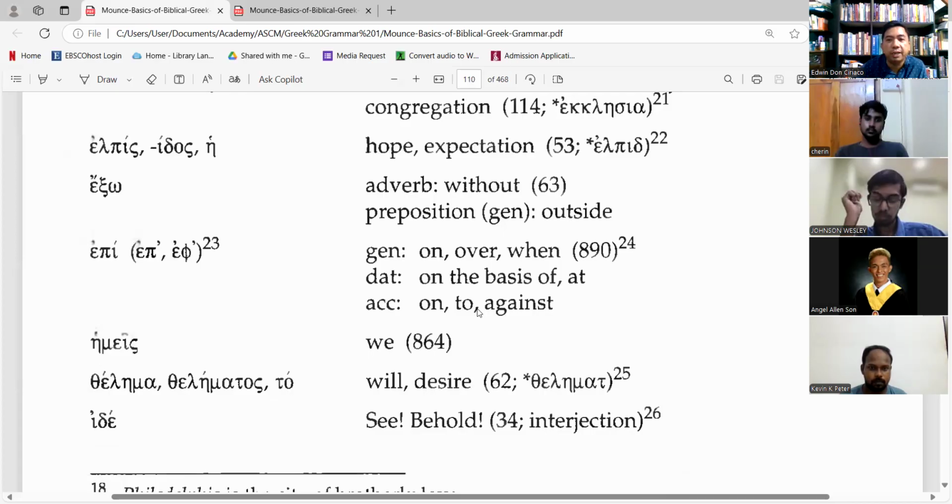We've seen this, third declension: elpis, elpidos, elpidi, elpida. And then exo, this is an adverb, and as a preposition, if it's followed by a genitive, it becomes outside.